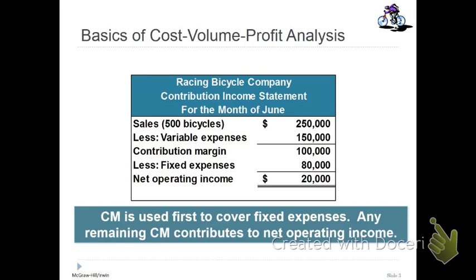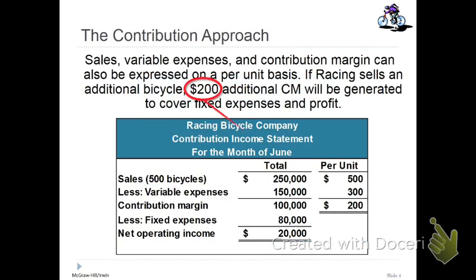So that contribution margin is first used to cover fixed expenses, and then anything left over and above that is available for net income. Notice a lot of times it is very beneficial to take a look at things on a per unit basis.